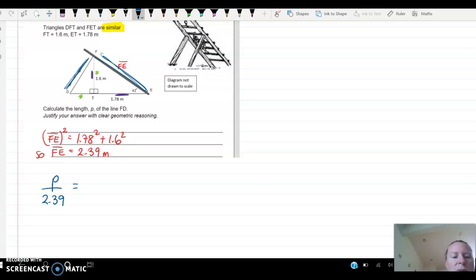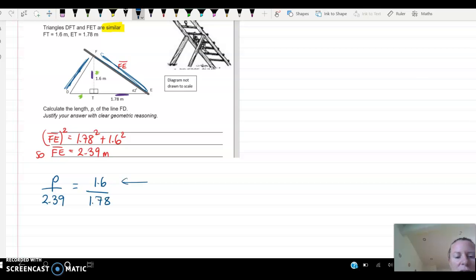All right, so we can compare the ratio of the hypotenuse over here to line FE, which was 2.39. That ratio is going to be the same as, look at these, we've got these two purple measurements here, so the two middle measurements, the middle one for the shortest one, which is 1.6, over 1.78.